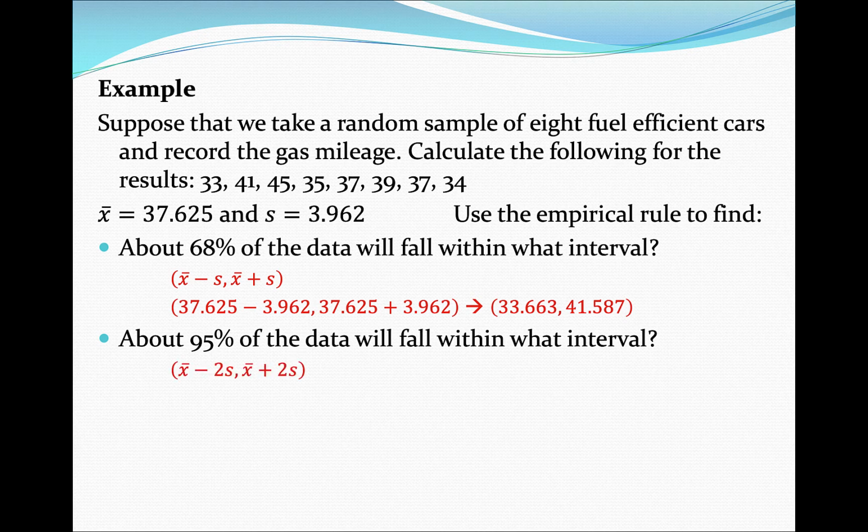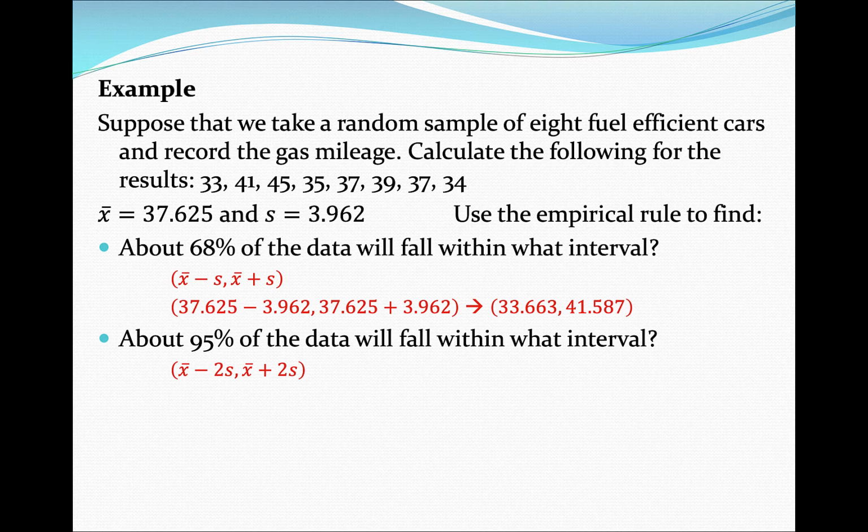If you go out to 95%, that means you're getting almost all of your data. So it's very unusual to get an observation that's more than 2 standard deviations below or above your mean. 95% of your data is within 2 standard deviations. You can see the majority is within 1 standard deviation. More than half your data is within 1 standard deviation. And most of your data is within 2 standard deviations, 95%.